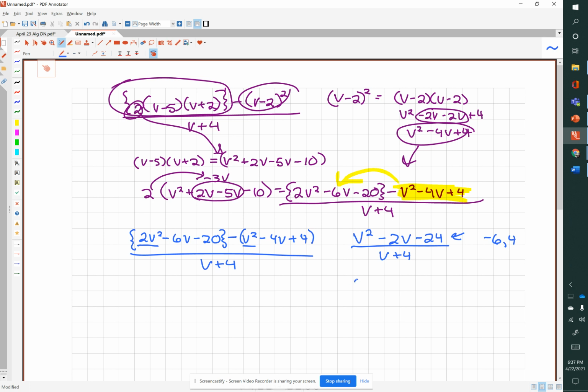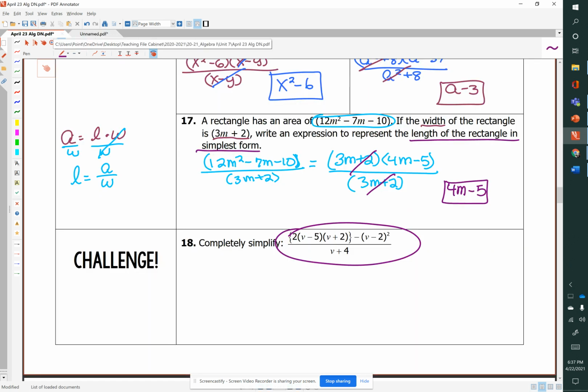So the numerator would be v minus 6 times v plus 4, and that is divided by v plus 4, and we can cancel out the common factors for an answer of v minus 6. So that's why I needed a lot more room to do that problem. So that answer is v minus 6.